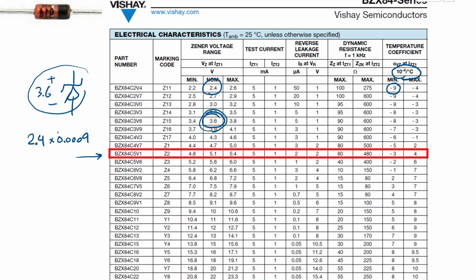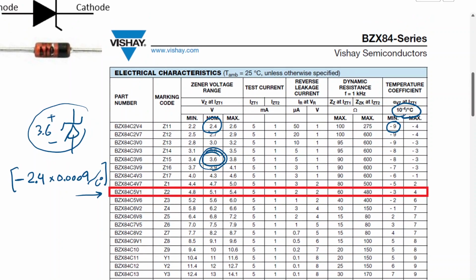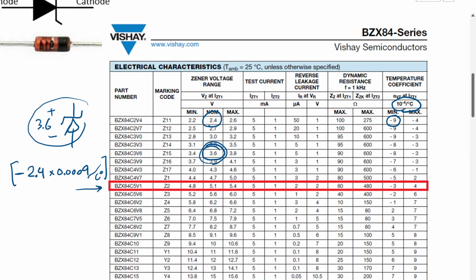Because of the negative coefficient, it will reduce by this much per degree C of temperature change. If temperature goes up, the Zener diode voltage goes down by this much. It is basically the sensitivity of the breakdown voltage of the Zener diode as a function of temperature. The smaller this coefficient in absolute value, the better.